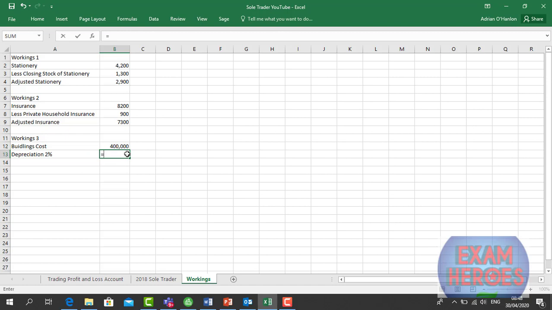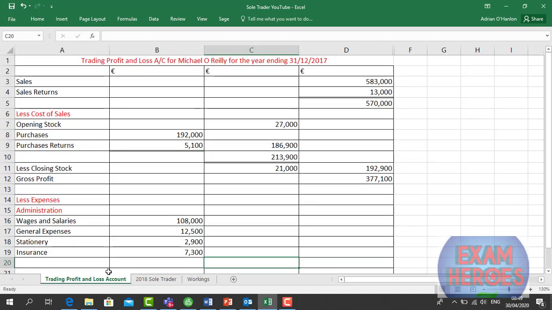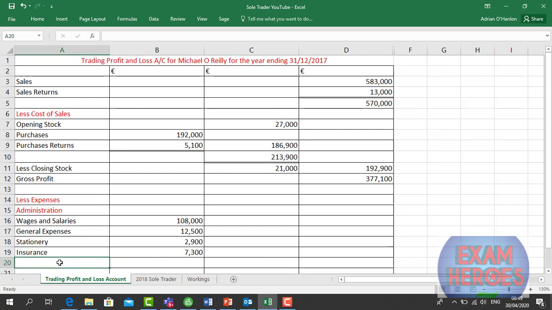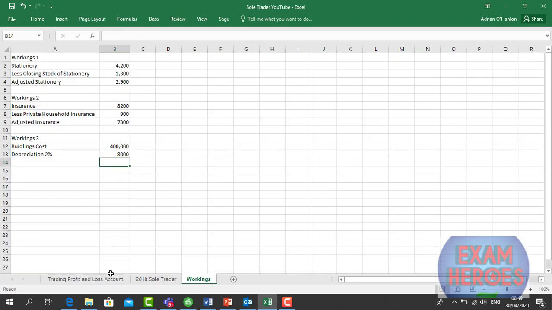So equals 400,000 multiplied by 2%. That's 8,000 euros. So depreciation for buildings: €8,000.